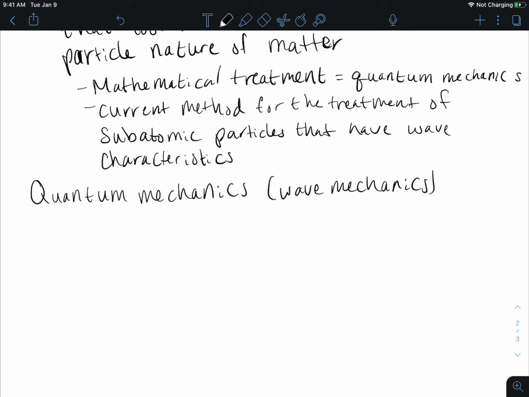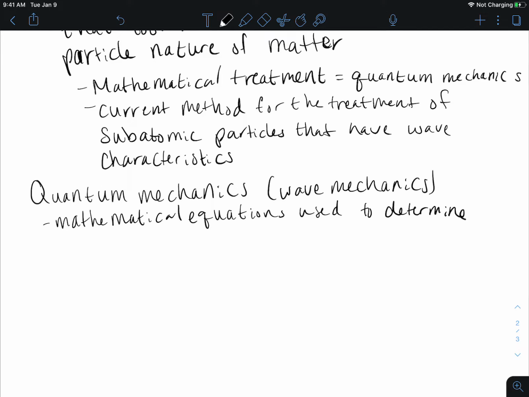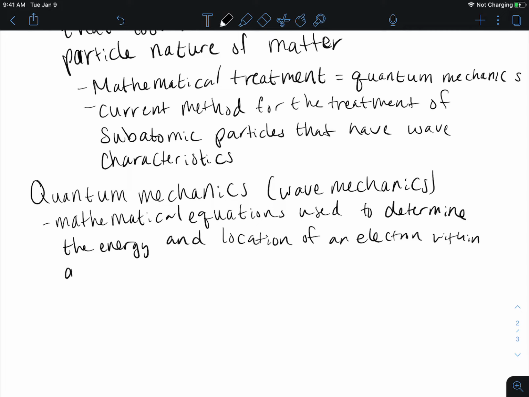And all of these mathematical equations are there to try and determine information about the energy and location of an electron within that, which, due to the uncertainty principle, is not an easy thing to do.